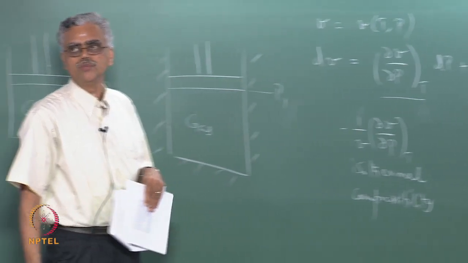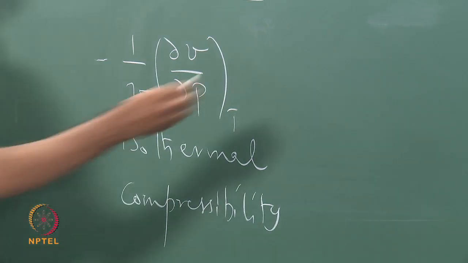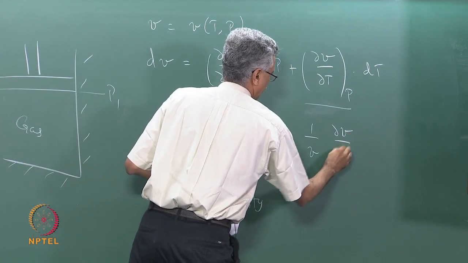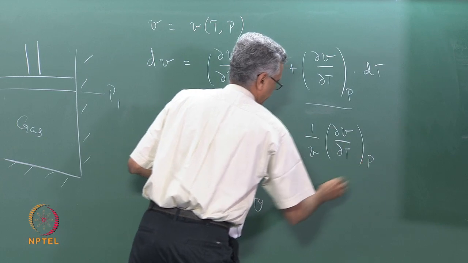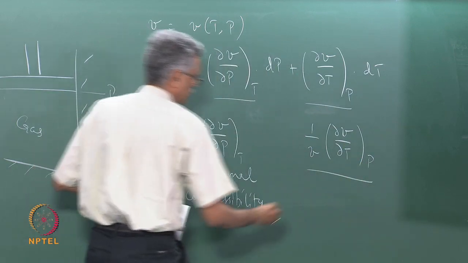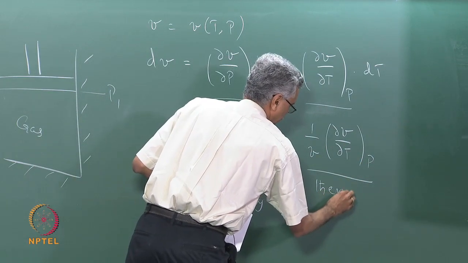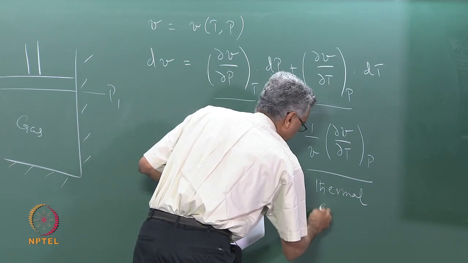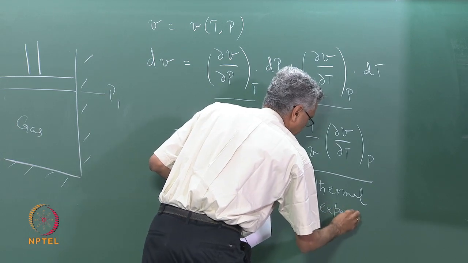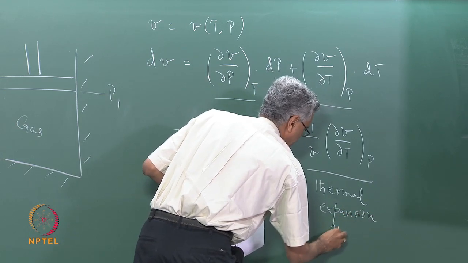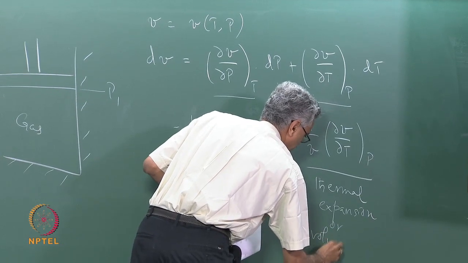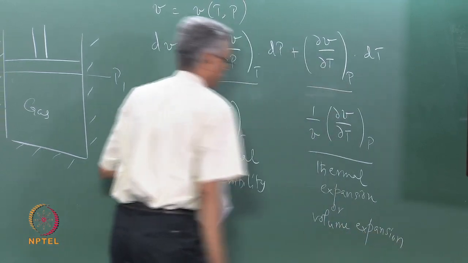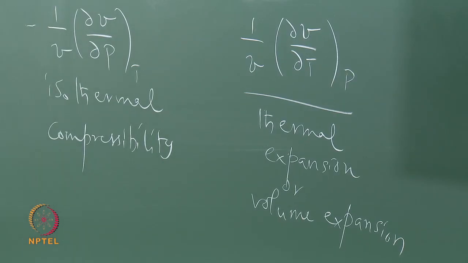This is isothermal compressibility, and this quantity is called the coefficient of volume expansion.